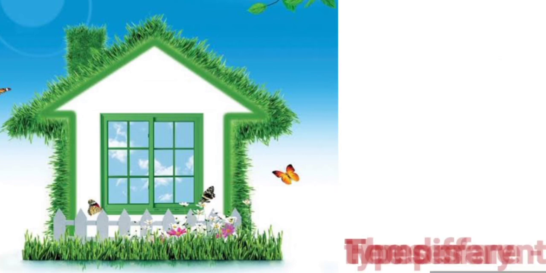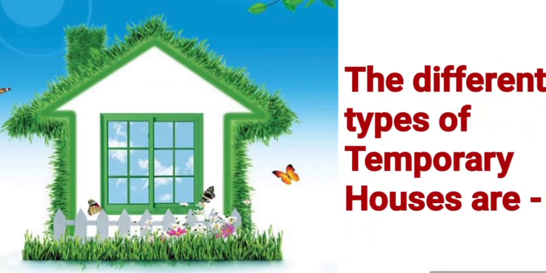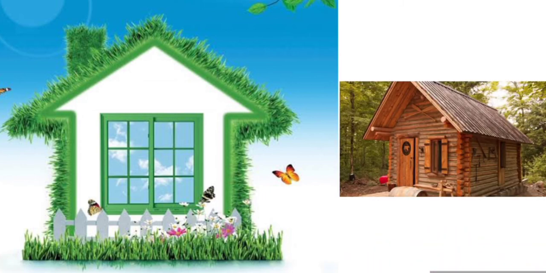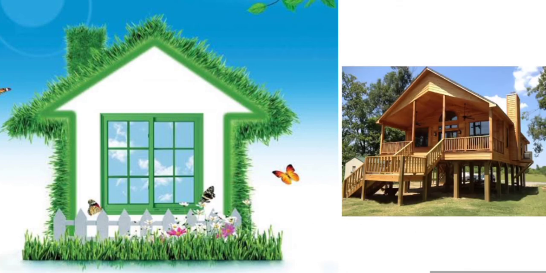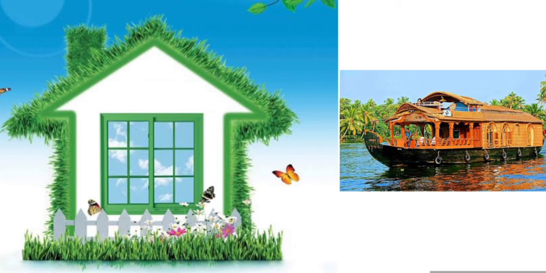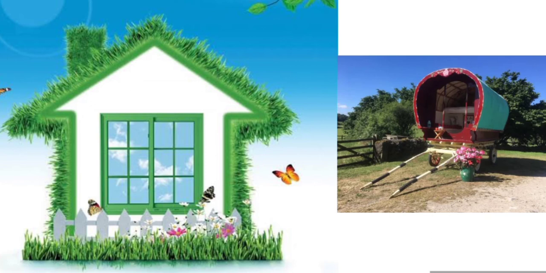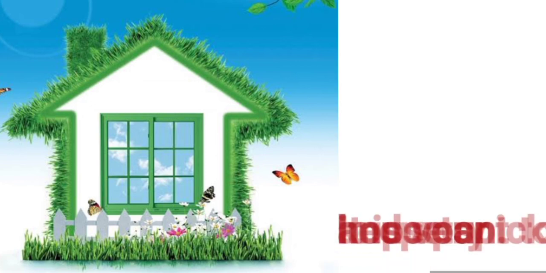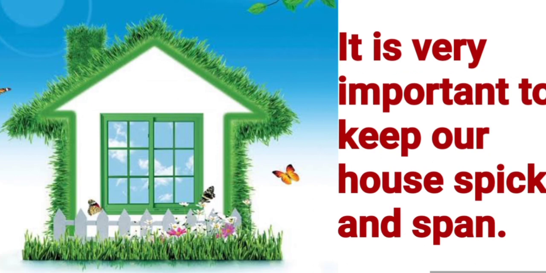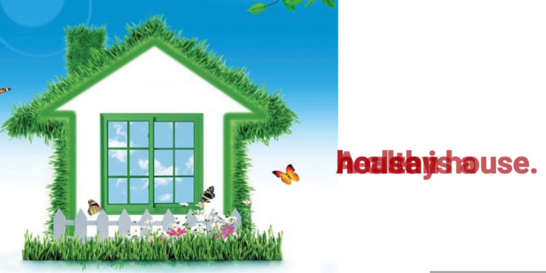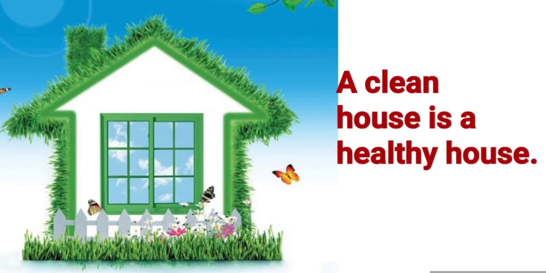The different types of temporary houses are hut, log hut, house on stilts, houseboats, igloo, tents and caravan. It is very important to keep our house spick and span, because a clean house is a healthy house.